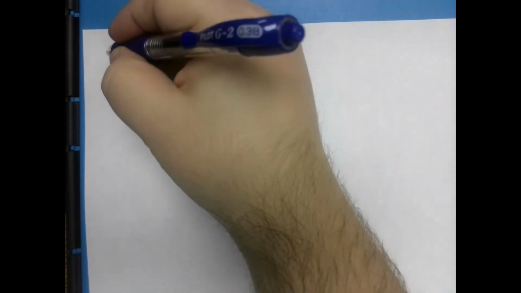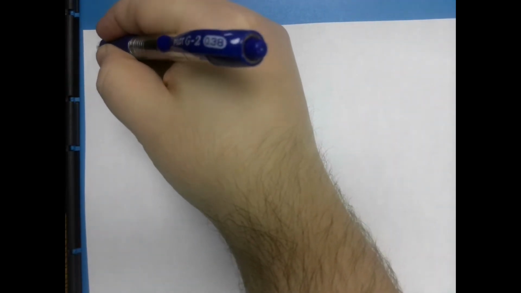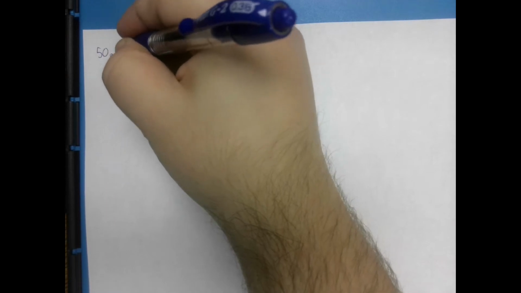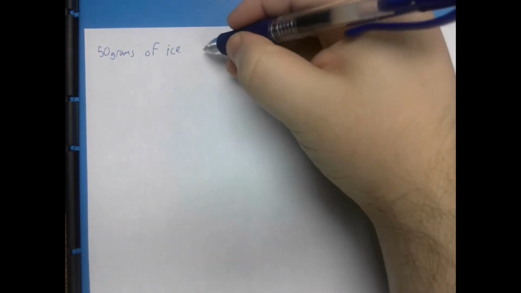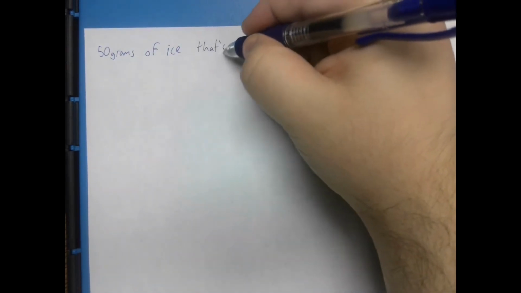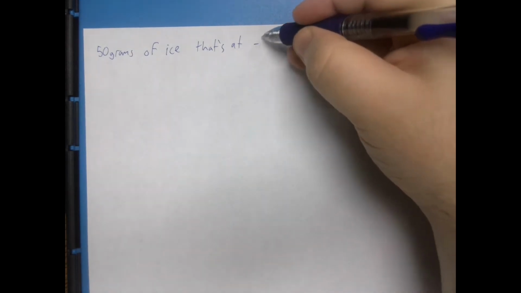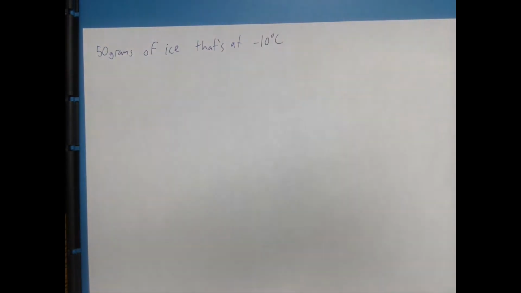So let's say that we have 50 grams of ice that's at negative 10 degrees Celsius.